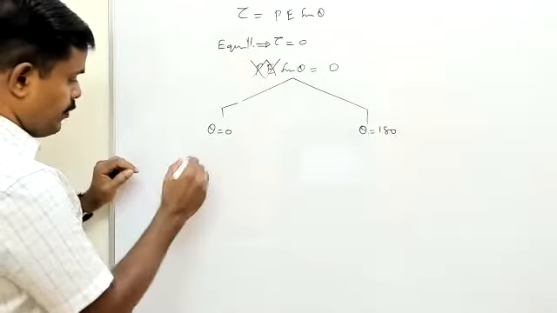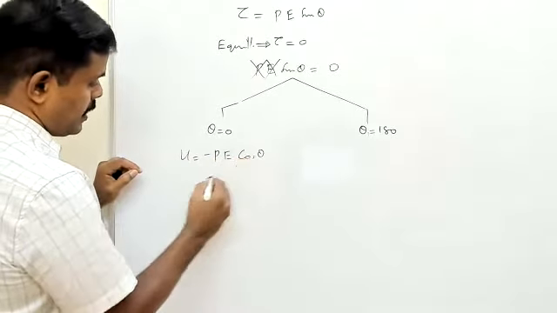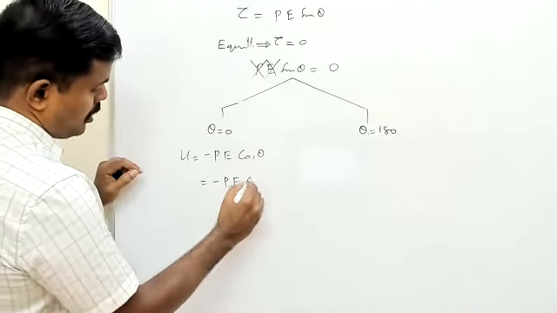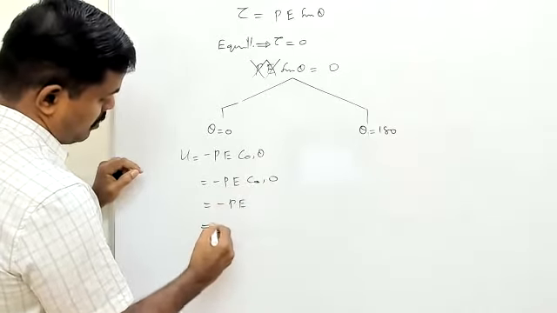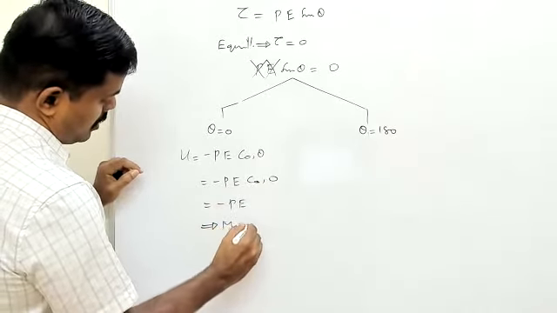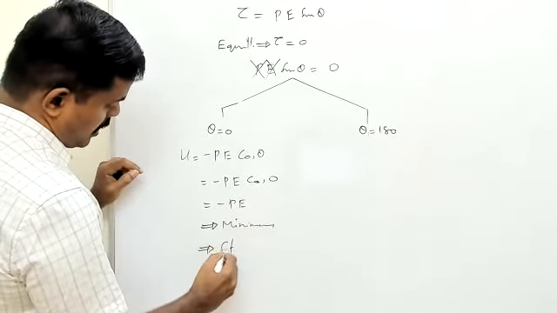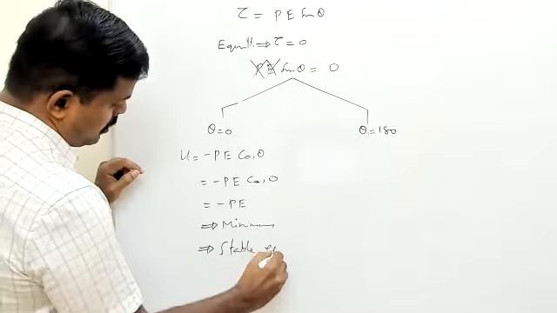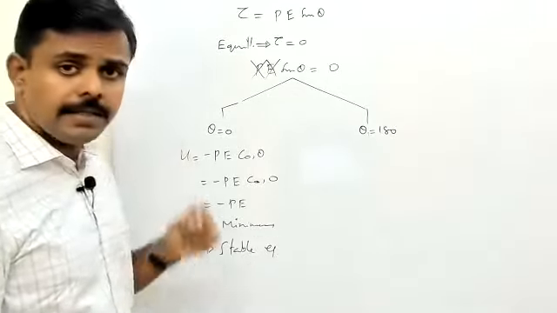Look at that. I'm going to find the potential energy now. Do you remember the equation for potential energy? Minus P E cos theta, minus P E into cos 0. That is minus P E. Minus P E means it is minimum energy. Minimum energy is stable equilibrium. How about the right side?